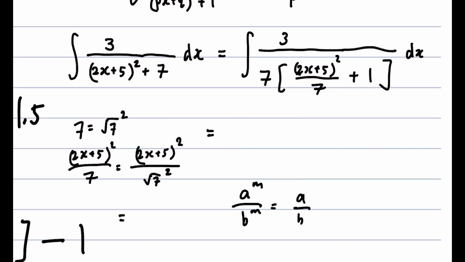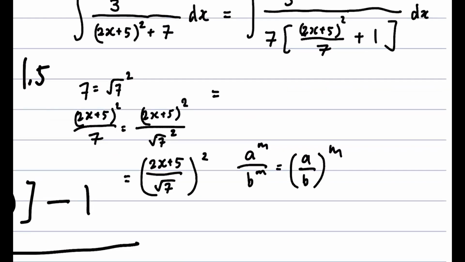A over b bracket power m. So you can also rewrite it as 2x plus 5 over square root 7 bracket power 2. Correct? Okay, just to make it even more obvious, you can rewrite as 2 over square root 7 times x plus whatever nonsense, 5 over square root 7, not so important, bracket power 2.